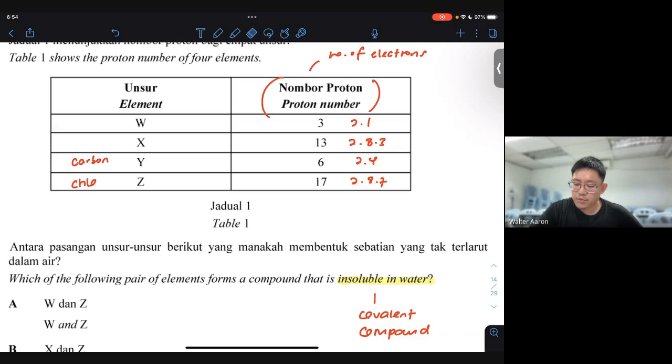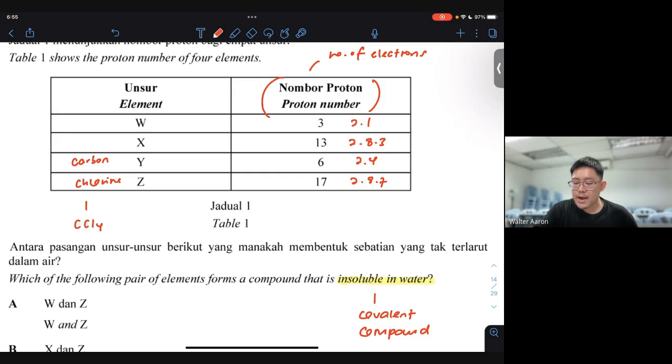Since they are both non-metals, they can combine together to form a covalent compound. In real life, carbon and chlorine can form a compound called tetrachloromethane, which is a covalent substance. And we know that covalent substances generally do not dissolve in water.